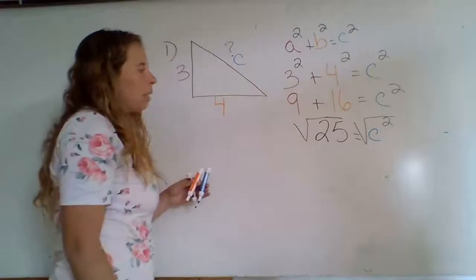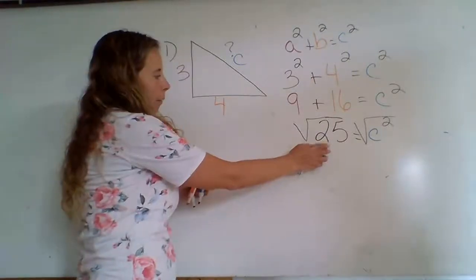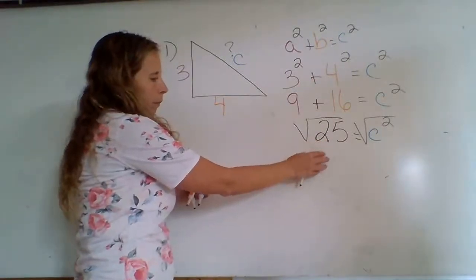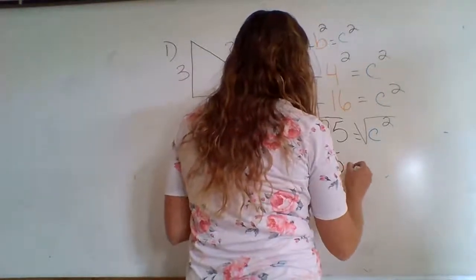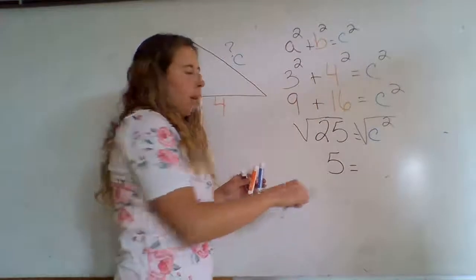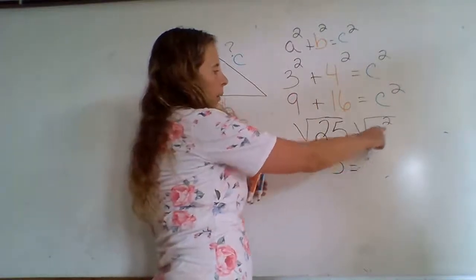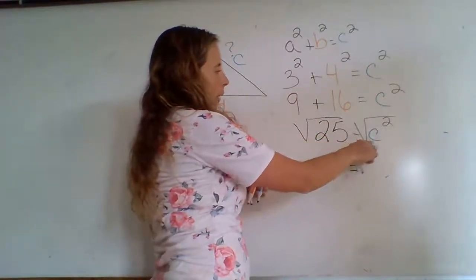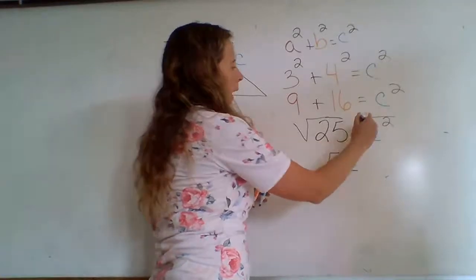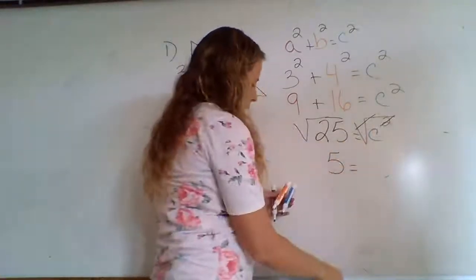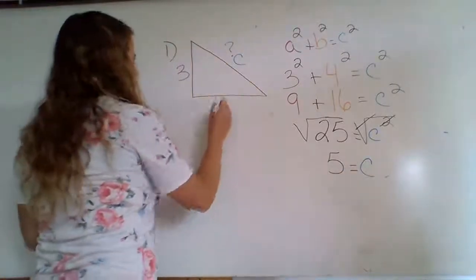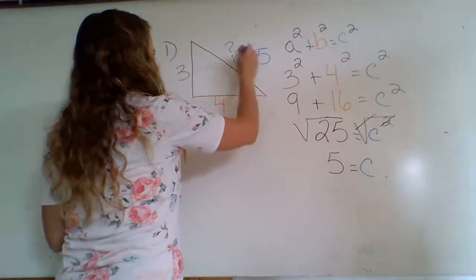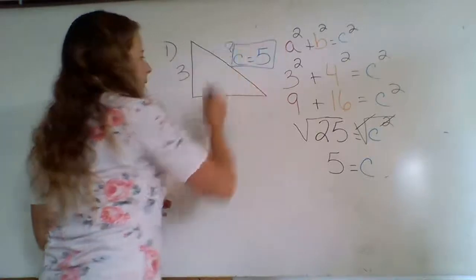So what number times itself gives me 25? 5. So you get 5 equals, and then you're taking the square root, these cancel each other out. C squared, the square root, these cancel. So you're just left with C. So this is equal to 5. All right, so that would be your answer for number 1.